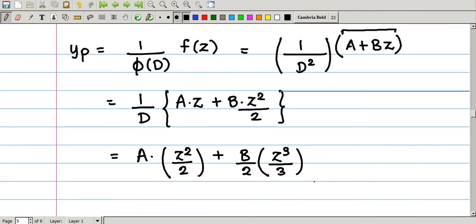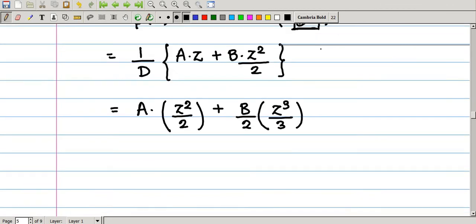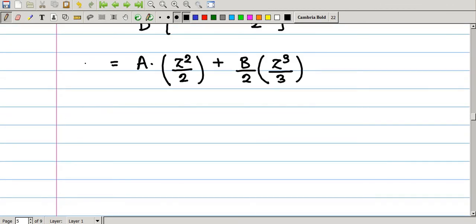So there is a small difference in the shortcut method formula. We apply the shortcut method formula for an algebraic function if the auxiliary equation is in terms of some polynomial of d. Since we have only one term, instead of expanding it in increasing powers of d, we take simple integration. So this will be your particular integral.